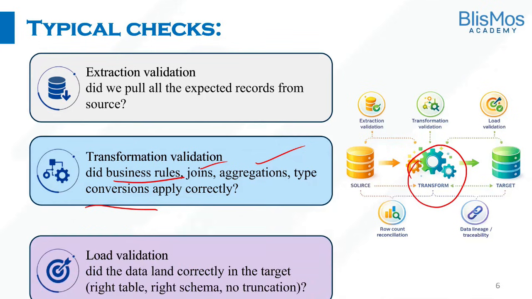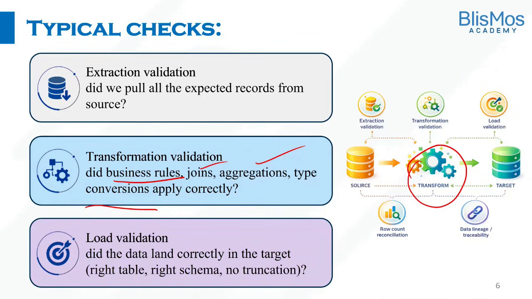The last one, load validation. As a part of the load validation, we verify whether the transformed data landed correctly in the target, in the right table, in the right column, and in the expected format without truncation or any corruption.